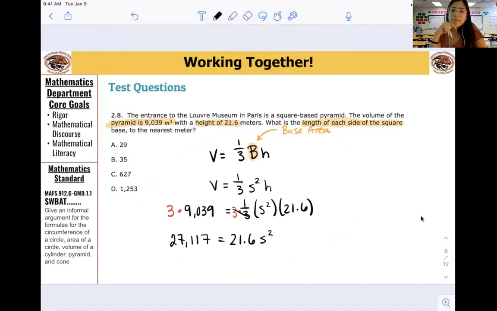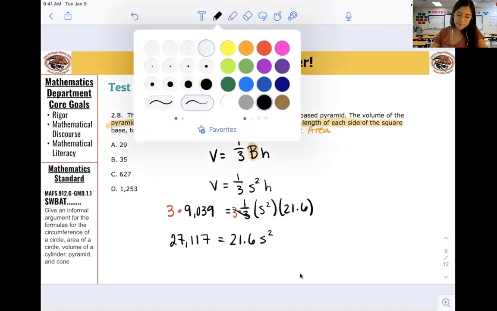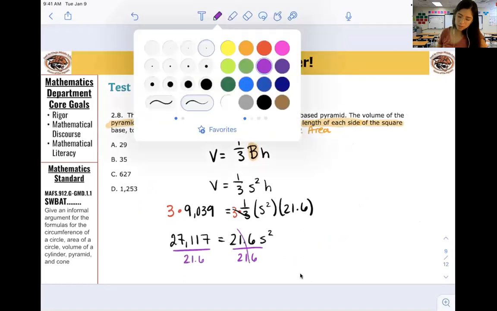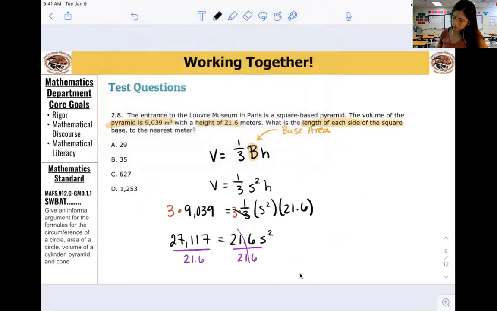Not yet. I can't do it yet. I got something else here I got to deal with. Yeah. Got to divide first. And then when you divide by 21.6, you get about 1,255.